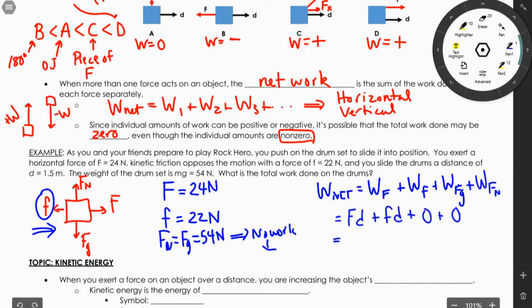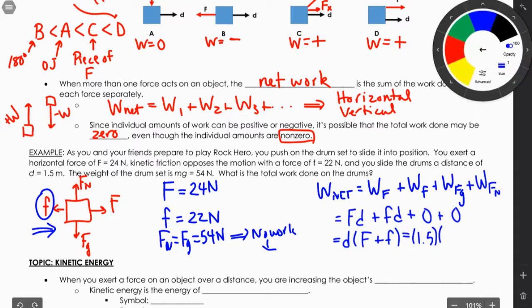So with a little bit of algebra, it's distance times applied force plus frictional force, and so that's going to be 1.5 meters. Oh, I'm sorry, friction's actually going to end up being negative, because the angle between friction and the motion is 180 degrees, so I apologize for this.